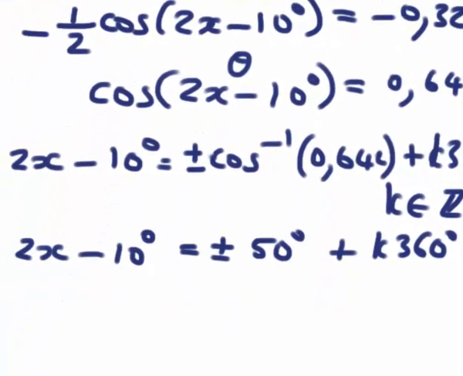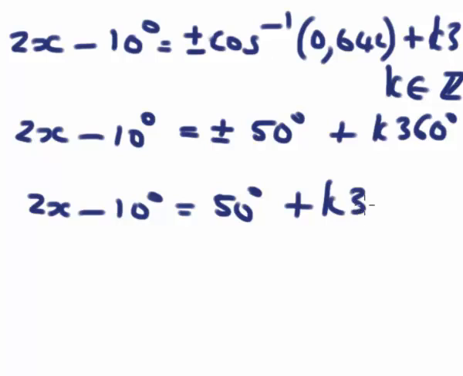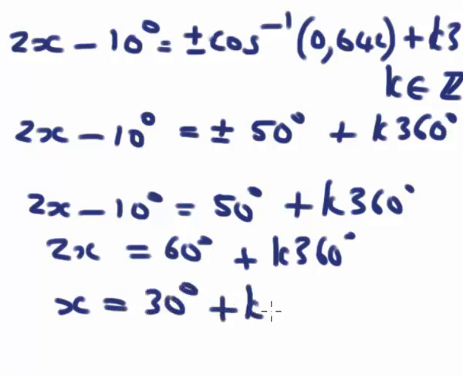So if you remember, basically we have two options. The one would be 2x minus 10 is equal to positive 50 plus k 360. And then if you bring that negative 10 across, it goes to 60 plus k 360 there. And then divide everybody by 2, and there's your first general solution.